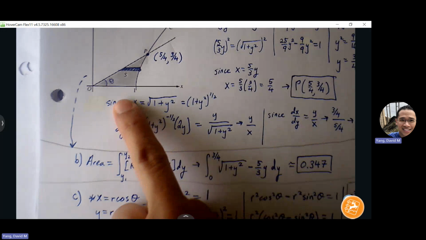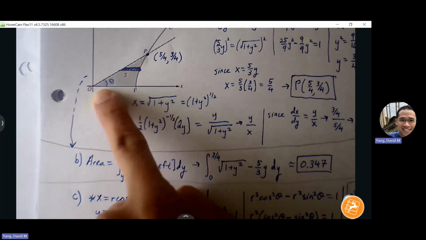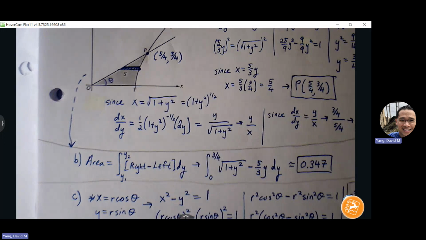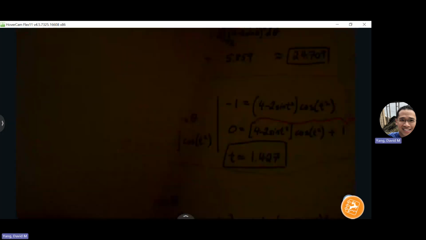But I think all the ones that I've seen will start at 0. I don't think it will ever start at something really strange like pi over 36. You may have to draw it out for me because I'm not exactly sure what that looks like.